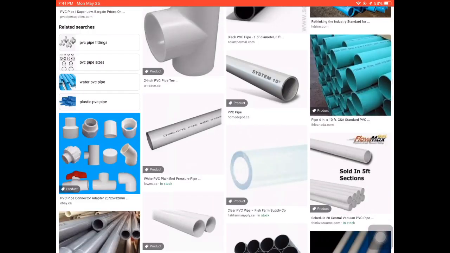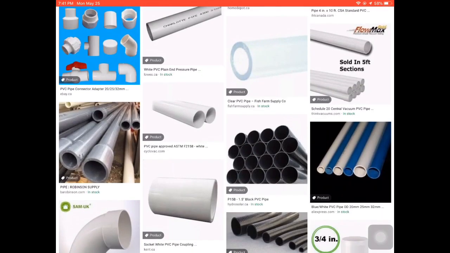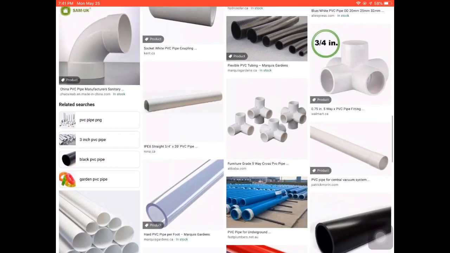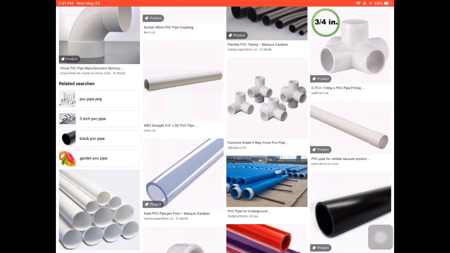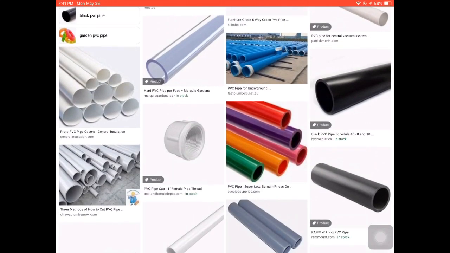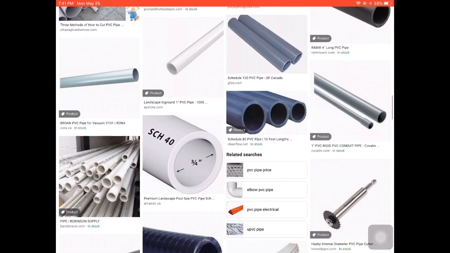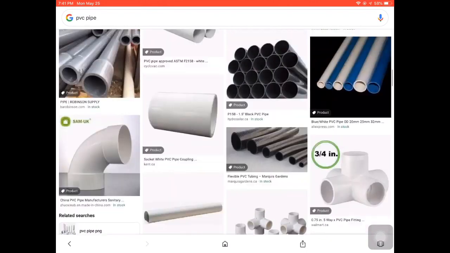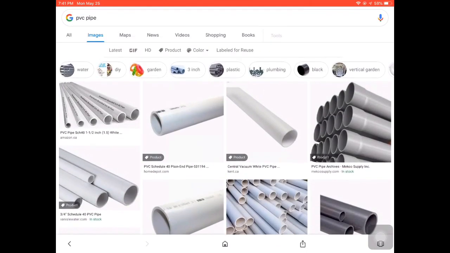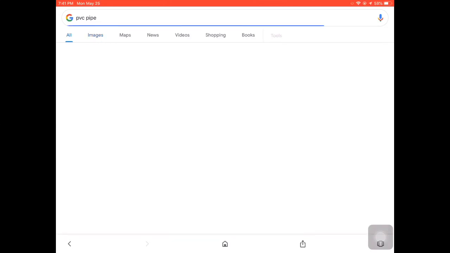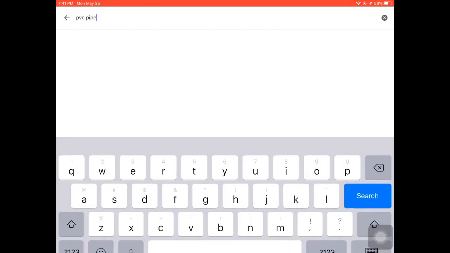Again, lots of applications through industry, through building and construction, all over the place. So that's all PVC, and you can see that's probably going to have a pretty big application, and it does. It is again a multi-billion dollar industry. So that's PVC.